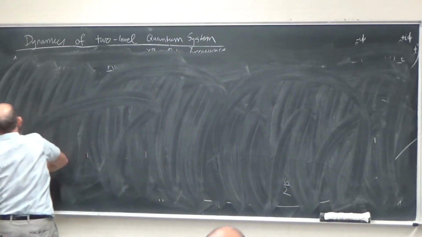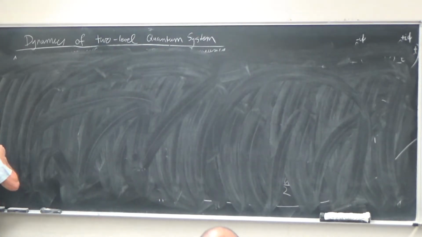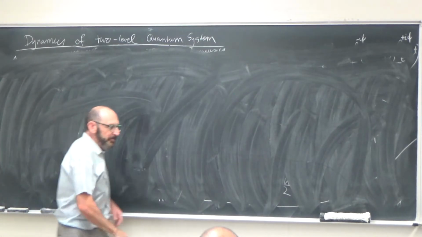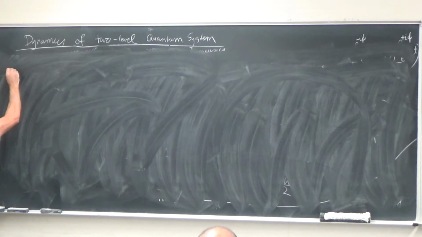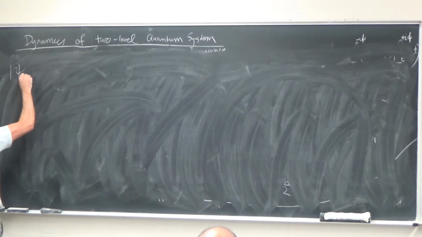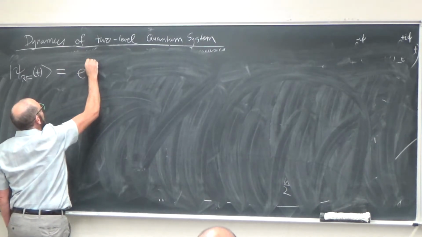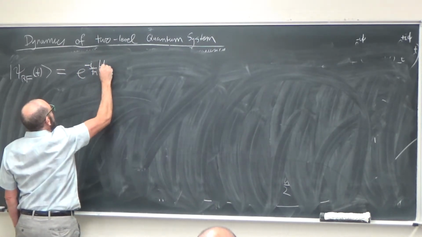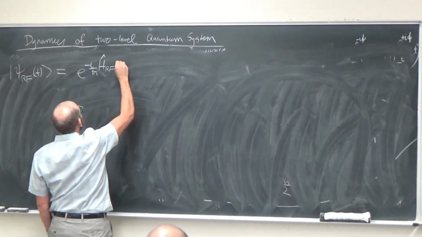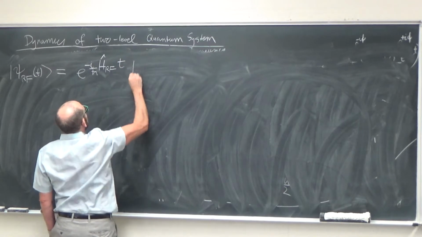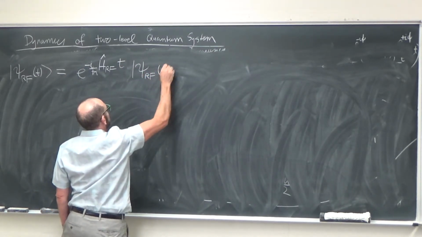So, what we have then is that, a new piece of chalk. The state in the rotating frame at a later time is e to the minus i over h bar, the Hamiltonian in the rotating frame, which is now static, times that at time t equals 0.